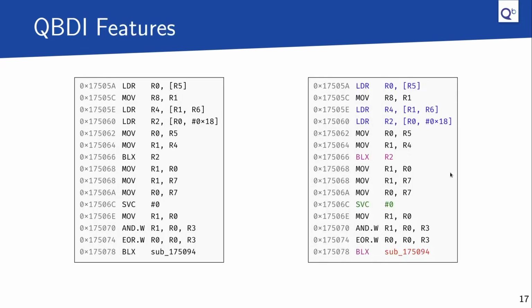This is why there is some functionality in QBDI that enables selecting a subset of instructions to instrument. For instance, you can say, I'm only interested in instrumenting branch instructions, or I'm only interested in instrumenting memory access instructions or syscalls, and so on.